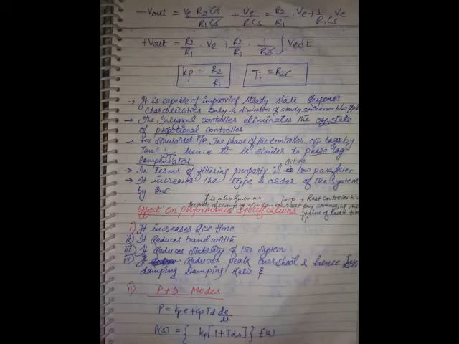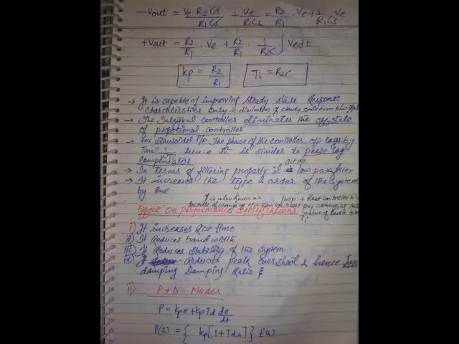So minus V out will become VE into R2 CS by R1 CS plus VE by R1 CS. C gets cancelled. Minus V out is equal to R2 by R1 into VE plus this I am writing it as R2 by R1 into 1 by R2C.